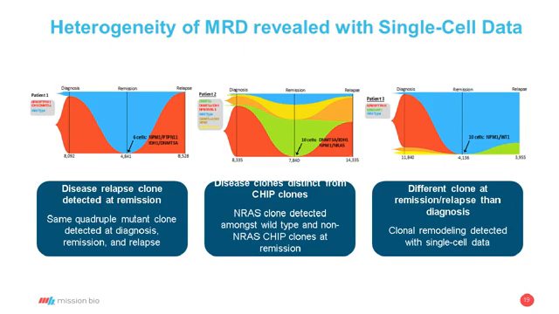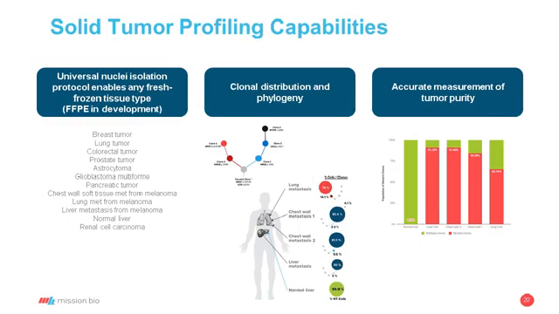Now, both of these examples were from liquid tumors, from leukemias. We've also done this in solid tumors. This is an example of work where we isolated nuclei from fresh frozen tissue and looked at different samples from a patient where different organs were biopsied.